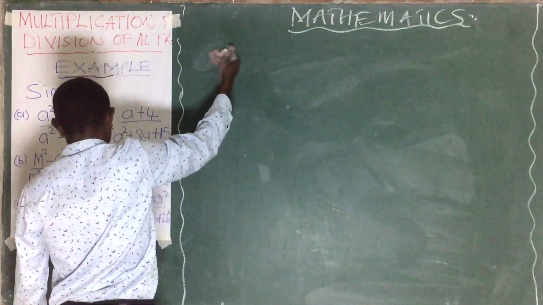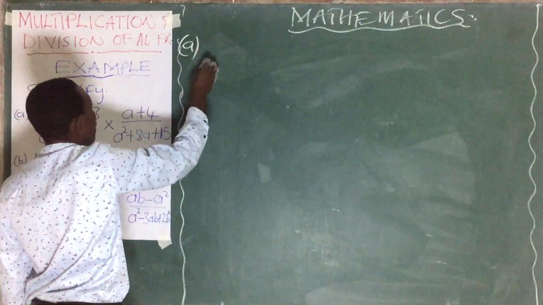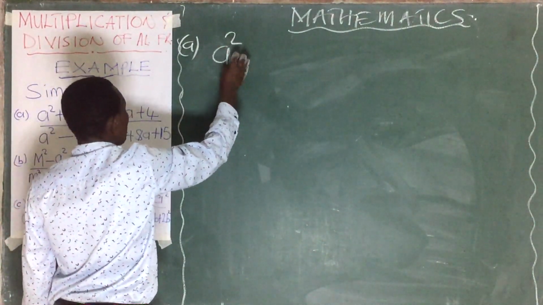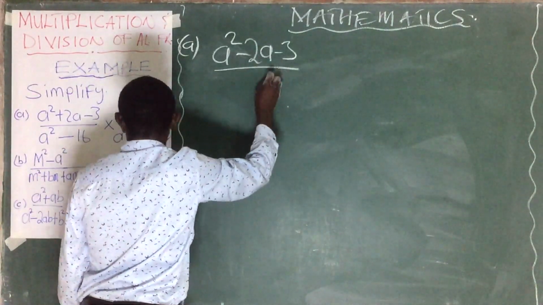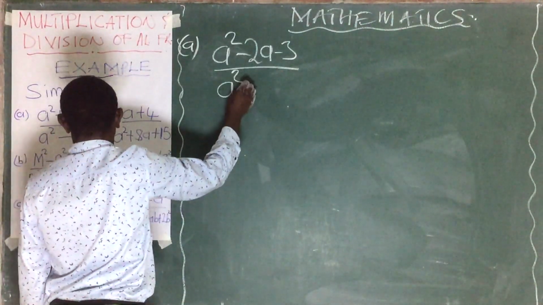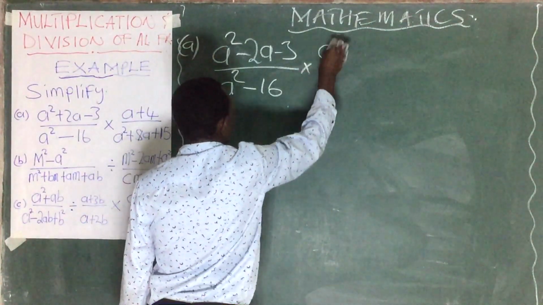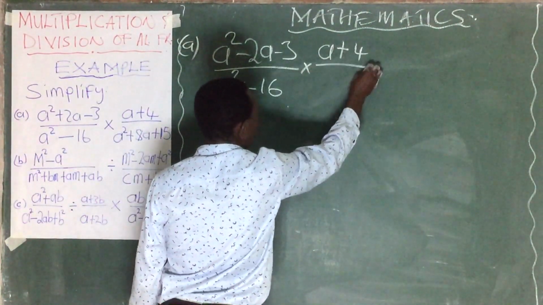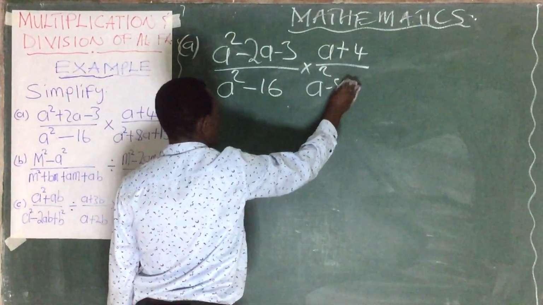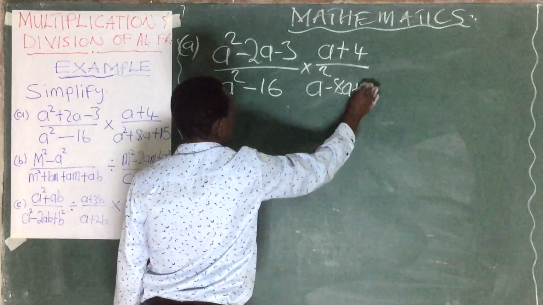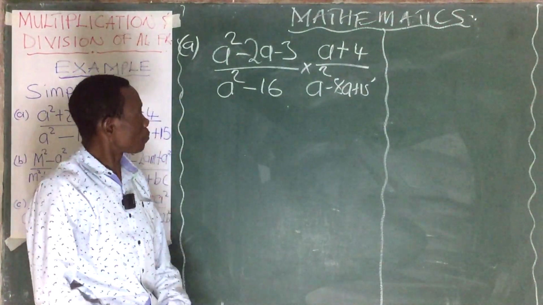We have a squared plus 2a minus 3 over a squared minus 16, multiplied by a plus 4 over a squared plus 8a plus 15. Right. So that's what we have here.